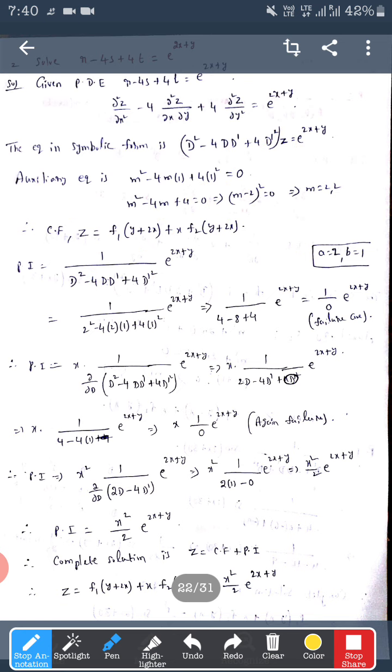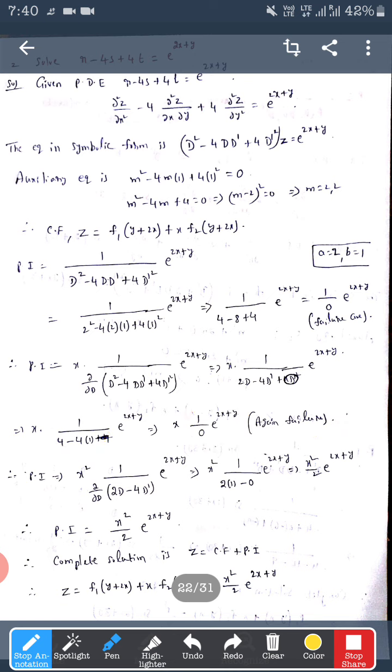Therefore, this changes into the form x into 1 by 2D minus 4D dash. Again, in place of D, if you substitute 2, and D dash 1, this became 4 and 4. Again this is a failure case, the 1 by 0.